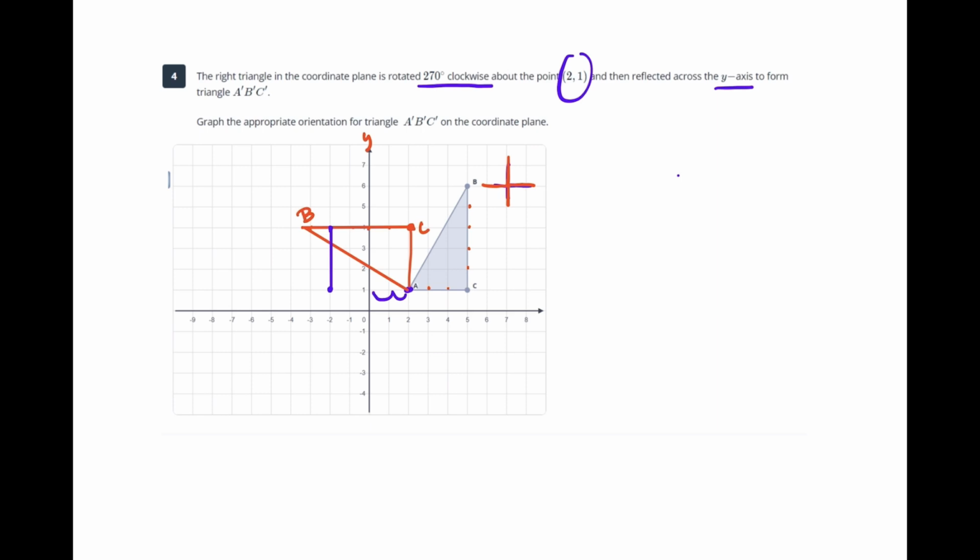And then this one would be the same length, which is 5. And there you go. And that is A prime, B prime, C prime. This one is our pre-image, and the blue, purple, whatever, is our image.